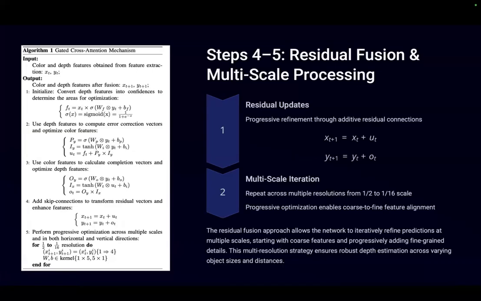And once that is correct, we have a good color feature. Based on that, we are trying to fill the missing values in our depth maps. So they are doing this in an iterative way so that we can get a final depth map which is close to the actual one. So this is the process they are following. I see. Okay, thank you. That makes sense.